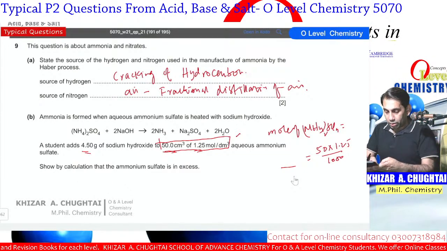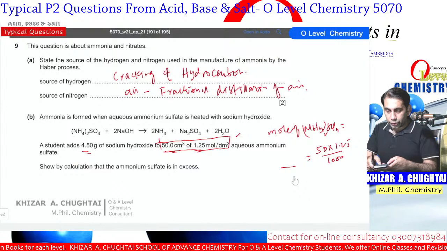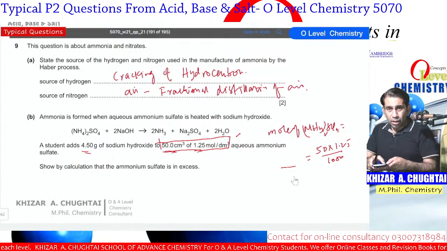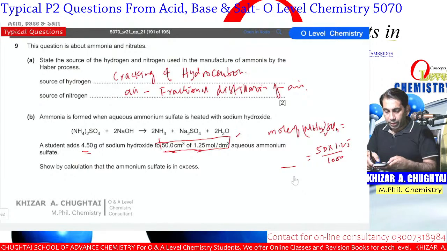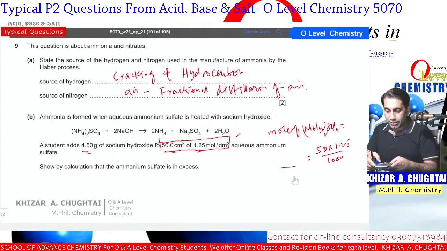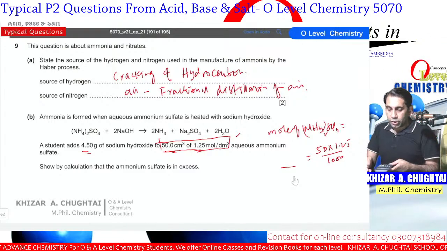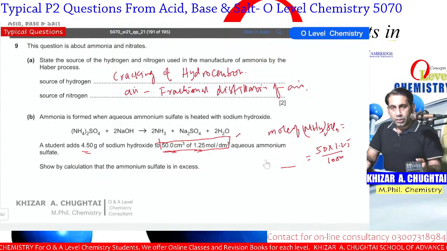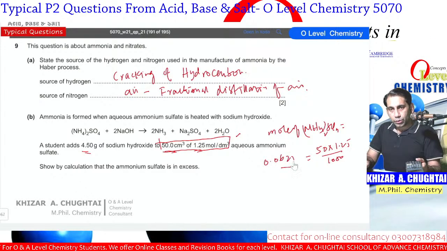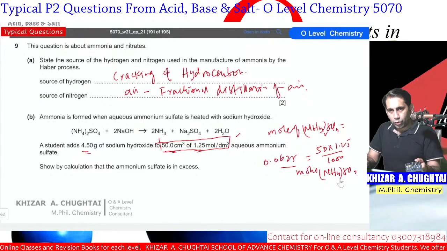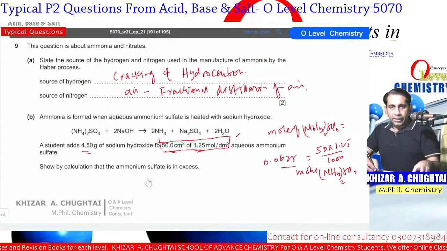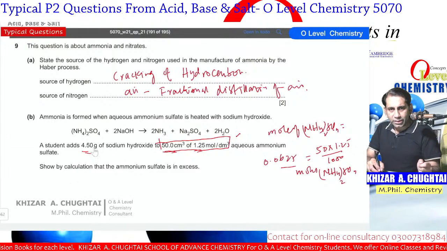Let's see, 50 into 1.25 divided by 1000, and here is the answer, that is 0.0625. 0.0625 are the moles of (NH4)2SO4.